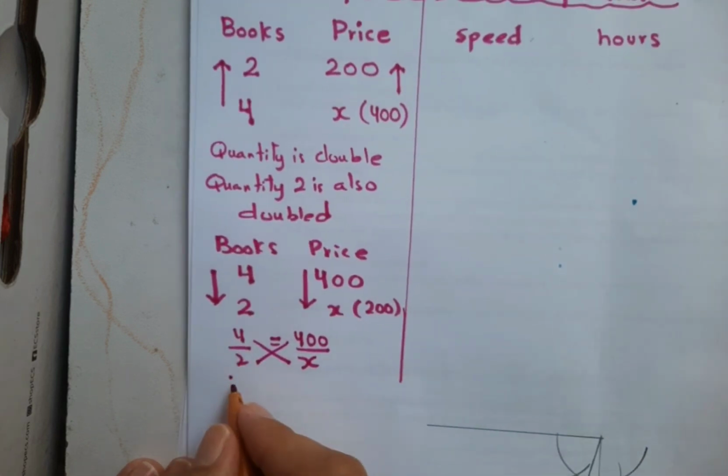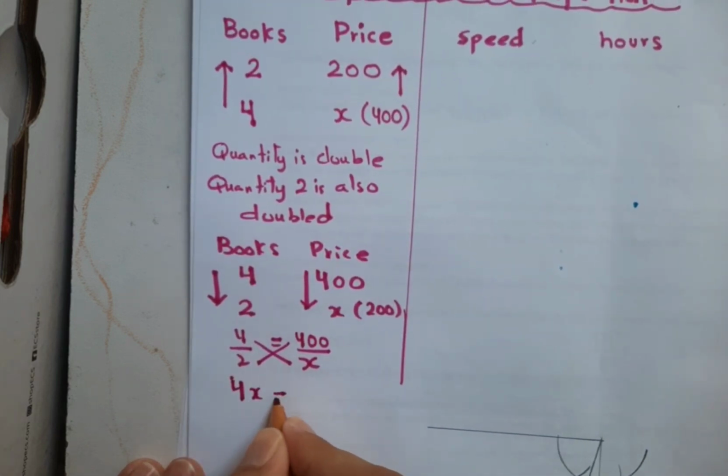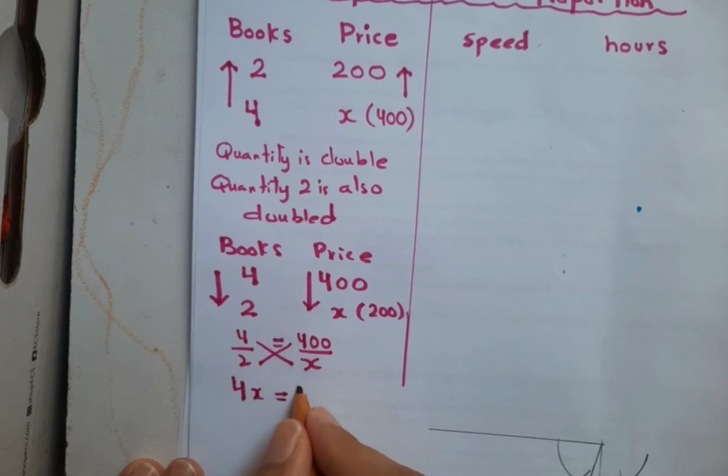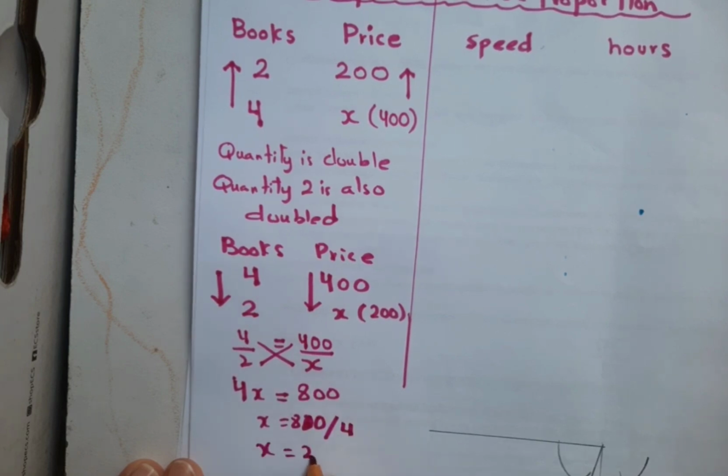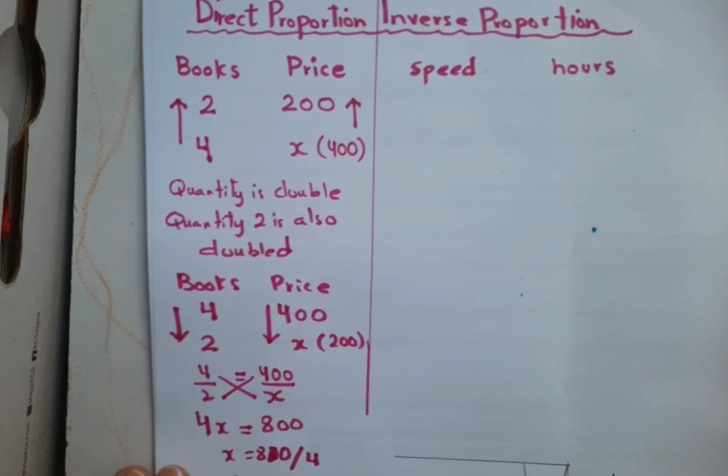So when you halve the books, the price of the books has also halved, right? That means when you solve it also, you will get the same answer, that is x is equal to 200.